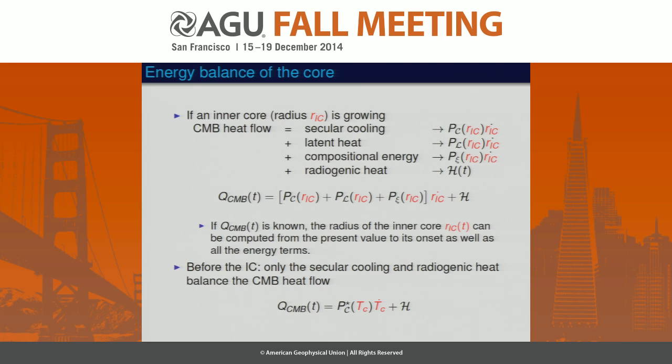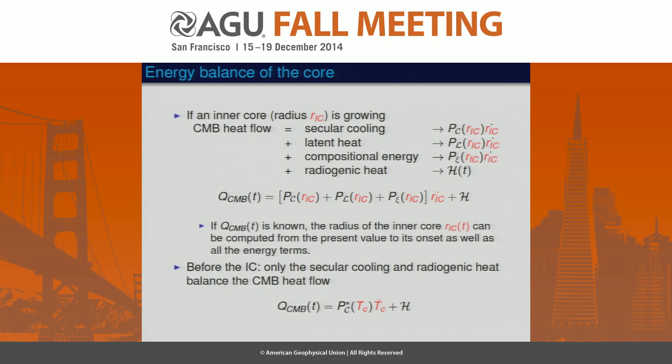Before that, the energy balance is simpler. There is only secular cooling and possibly radiogenic heating, and it is parameterized by the temperature at the center or the temperature at the CMB, whatever. That's for the first equation.